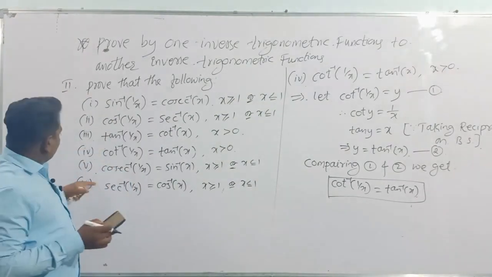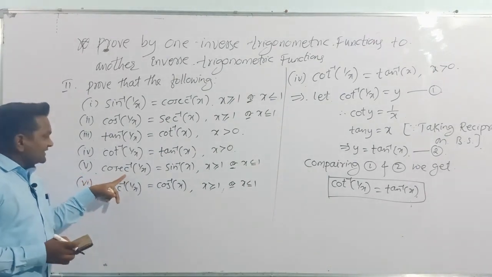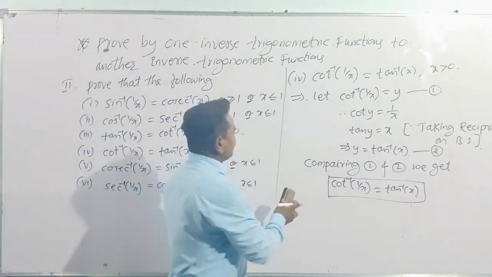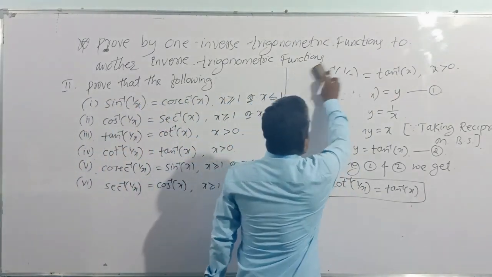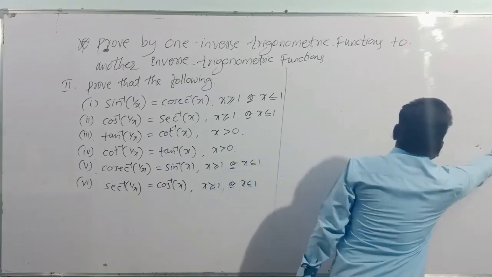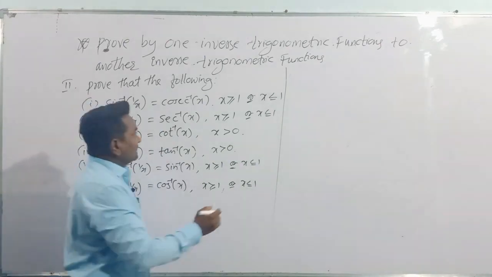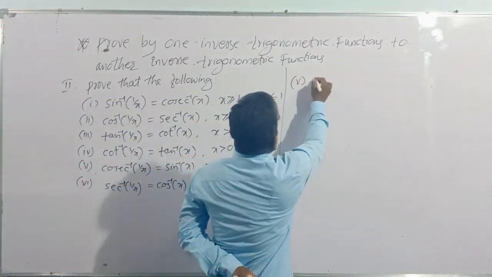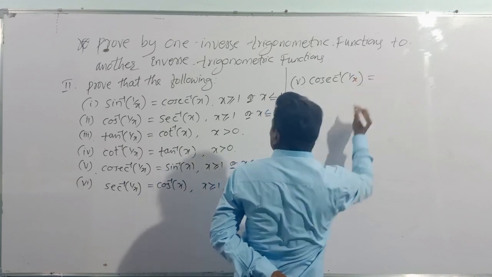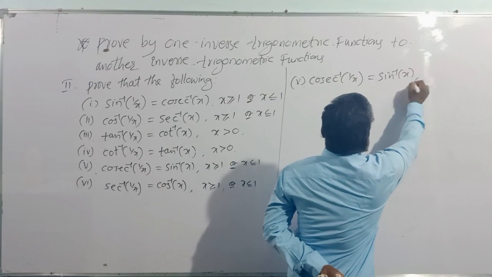Now next, same case here also, we have to prove cosec inverse 1 by x is equal to what? Sin inverse x. Fifth one is cosec inverse 1 by x is equal to sin inverse x.